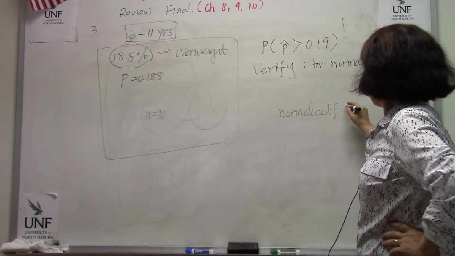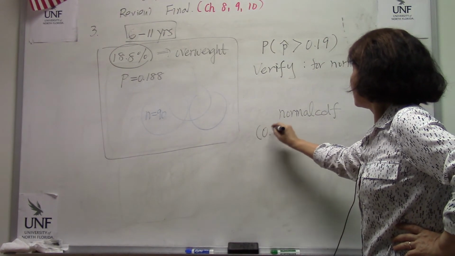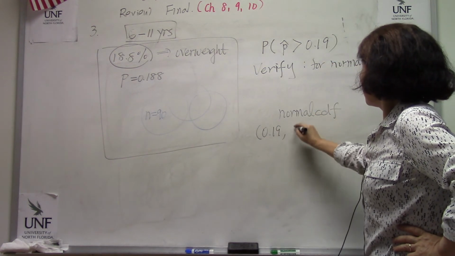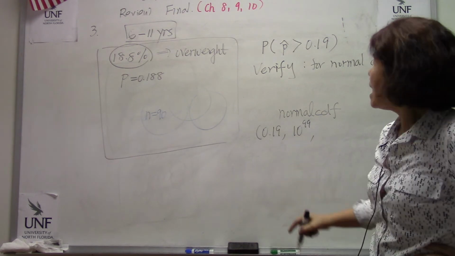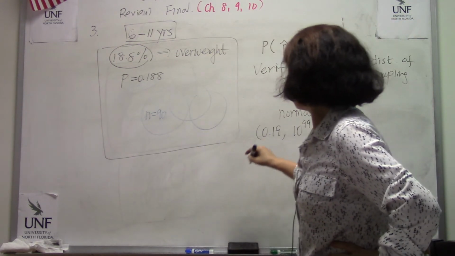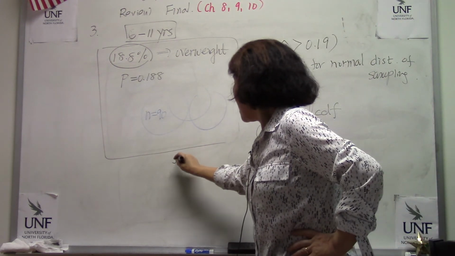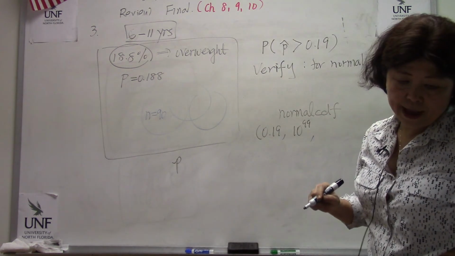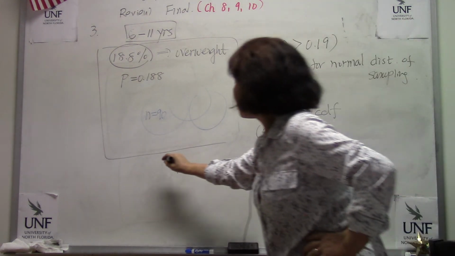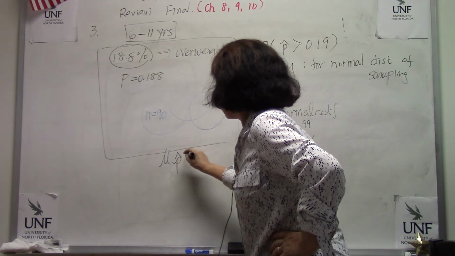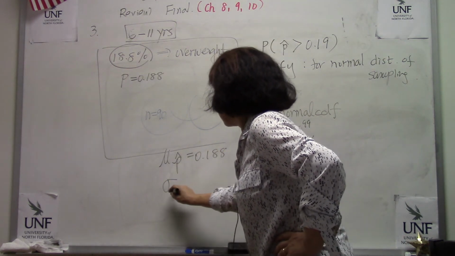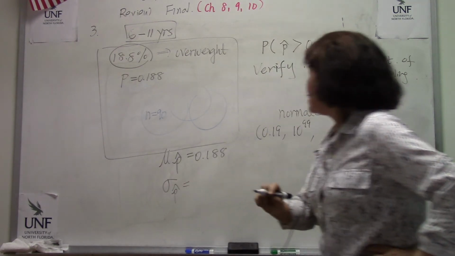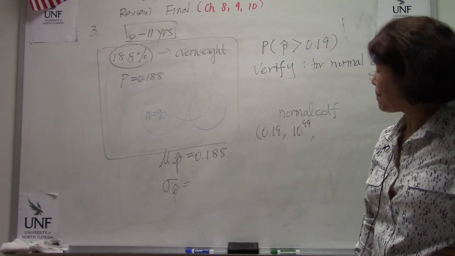The lower number is 0.19, and the upper number is 10 to the 99th power. Next is the mean of p hat, the proportion, which is the same, 0.188. What about the standard deviation of these samplings?